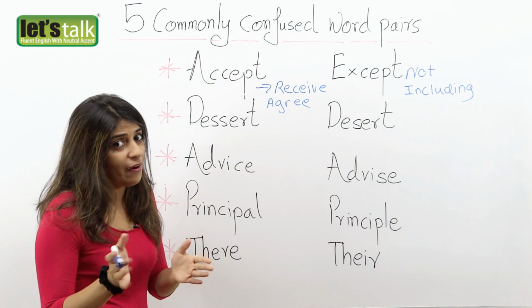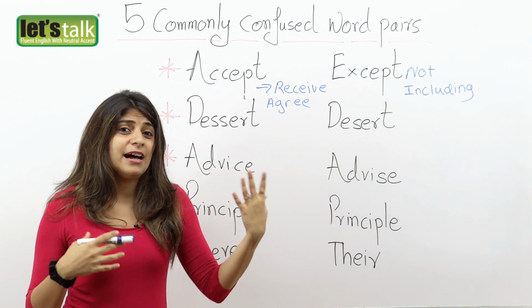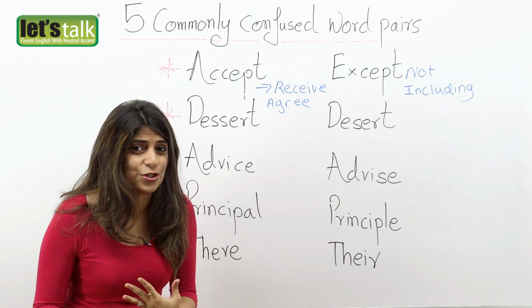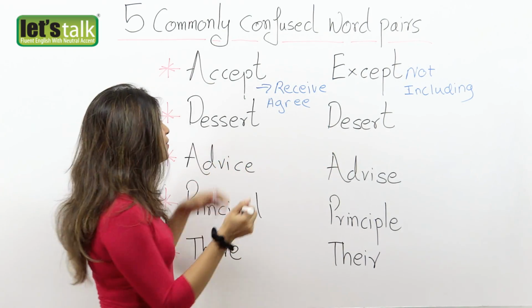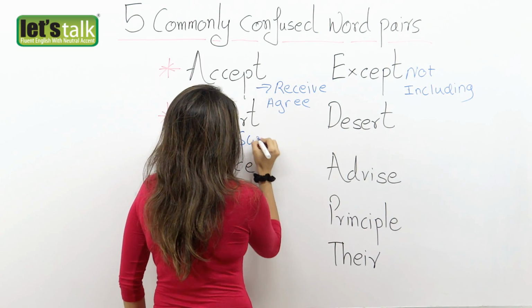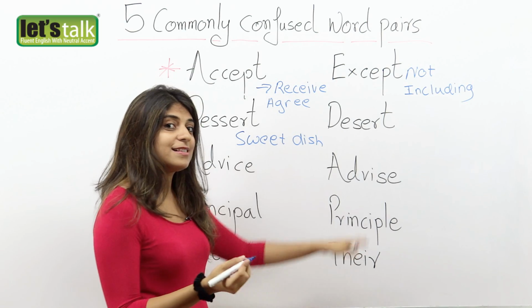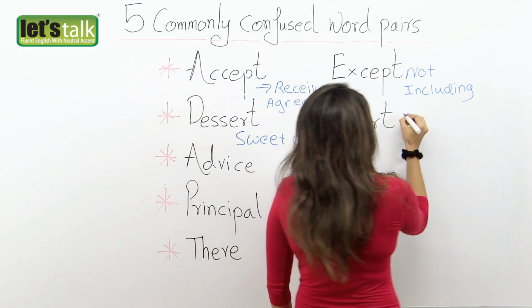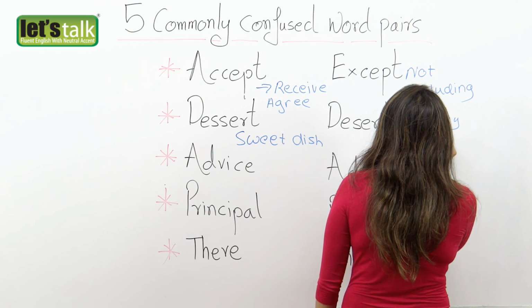Whereas desert is the hot, dry, sandy region. So hope this is clear to you. Dessert is the sweet dish that you eat after your meal, whereas the word desert is the hot, dry region.